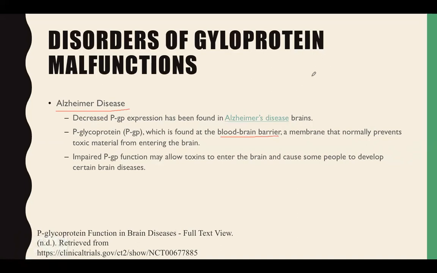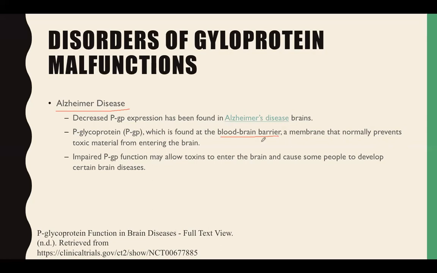Essentially it's in your brain, and your blood-brain barrier is kind of like the security guard. It prevents toxic particles from entering your brain. The glycoprotein is kind of like the receptor, identifying the toxic material.